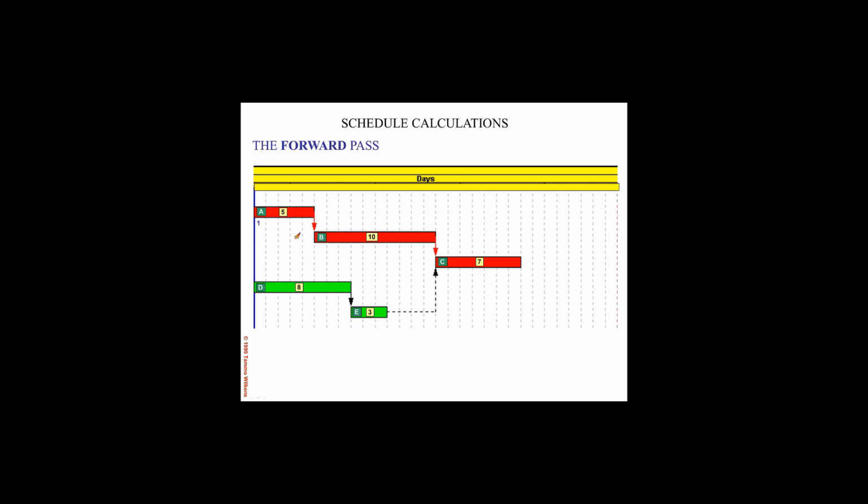The computer only knows certain information: the activity ID, its duration, its predecessor relationships, any constraints that might be imposed on some activities, and any lags that might be in the schedule. We're not going to be looking at lags for this simple demonstration.